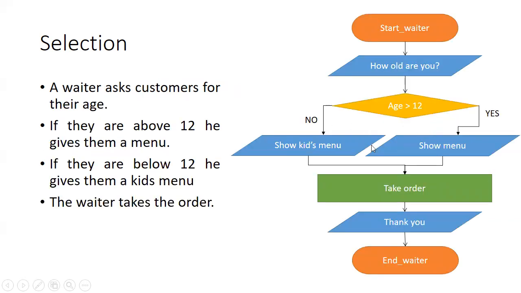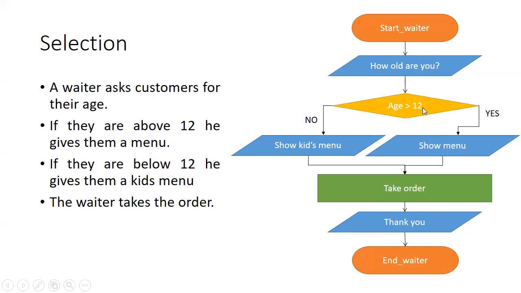Now, this is where we're getting into the if then else idea. What if we change the process a little bit so that we give a special menu for children and another menu for everybody else? If the person is not more than 12, we give them a kids menu.